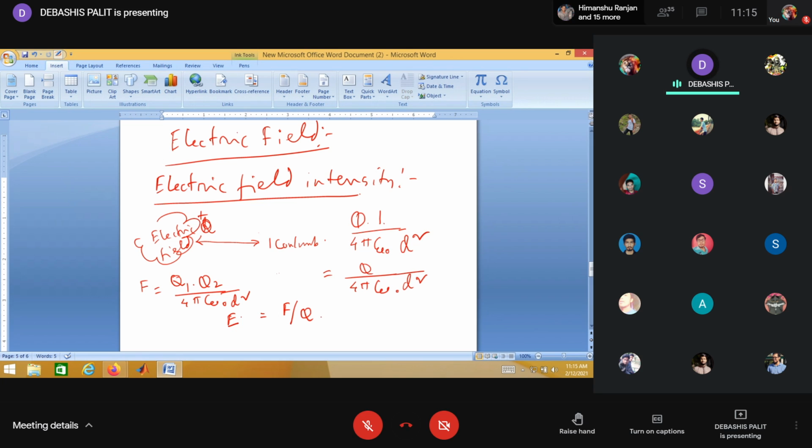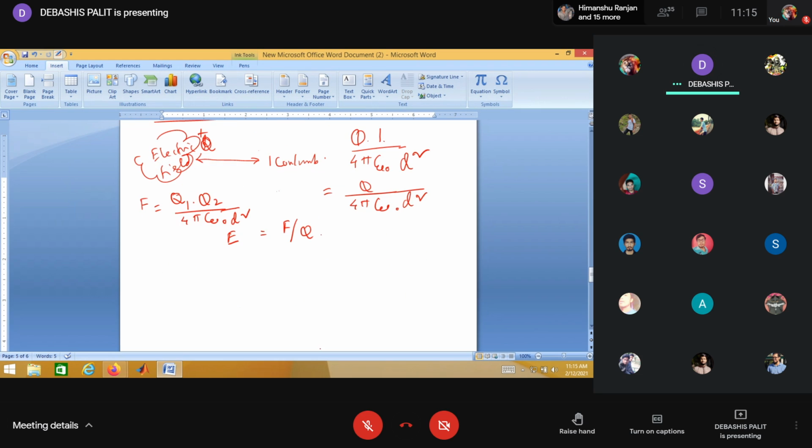Now if you consider the electric flux, just like magnetic flux, that is the electric lines of force flow outward from a positive charge. So you are considering that from the positive charge it is coming out, and that is the electric flux.